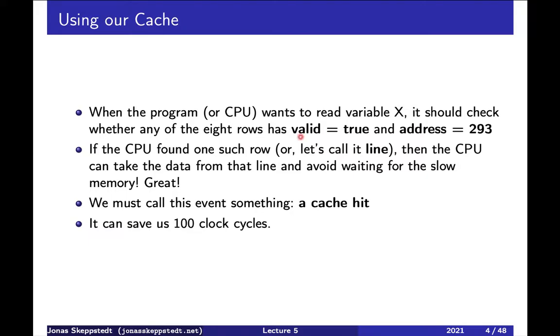If it can find it, then we say it's a cache hit. If we didn't find it, it's a cache miss. And this can easily save us 100 clock cycles or more. The bigger the machine, the more clock cycles are expected to be saved.